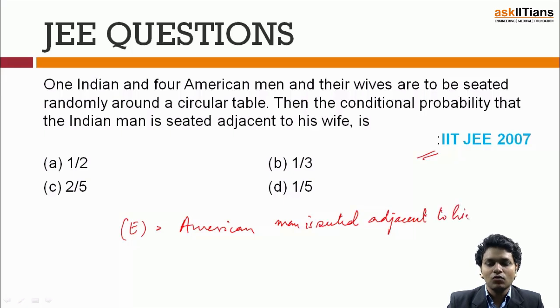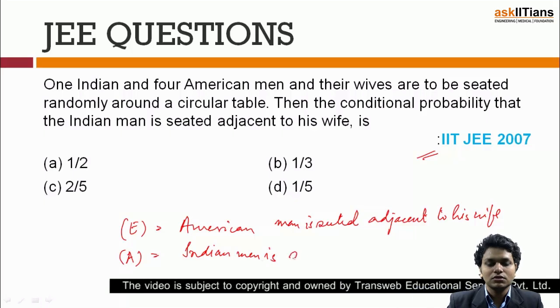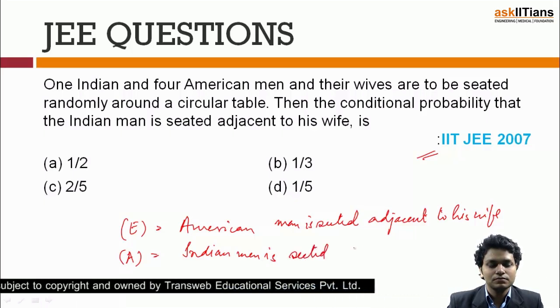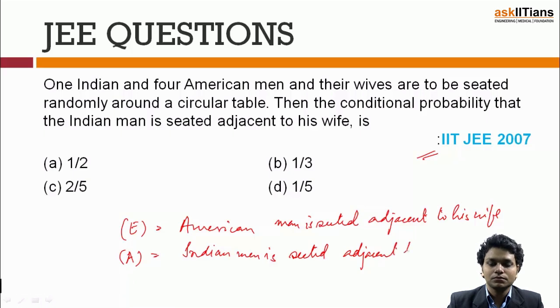Now make another event A, and that is: Indian man is seated adjacent to his wife. Right. Now what do I need to find out? I need to find out the conditional probability that the Indian man is seated adjacent to his wife.